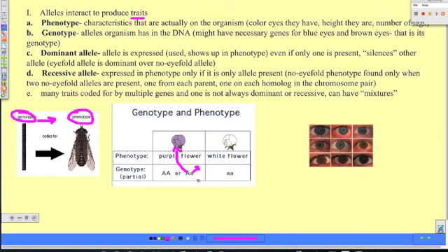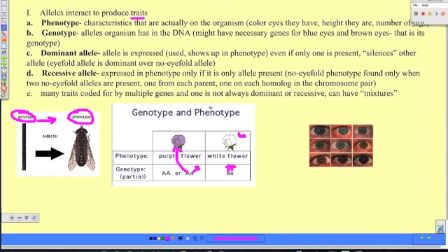Okay, and so that's a recessive gene. And it doesn't speak up. So this purple flower could have a gene for white in it, and it just doesn't end up showing up. The white flower, the genotype, is lowercase recessive, lowercase recessive. So it has 2 genes for making a white flower. Okay, so genotype and phenotype. Phenotype is what we actually see. Genotype is what's on the genes, not all of which may end up being expressed.